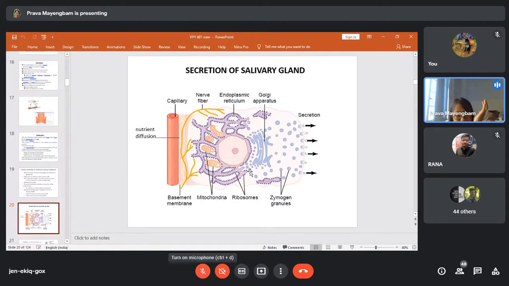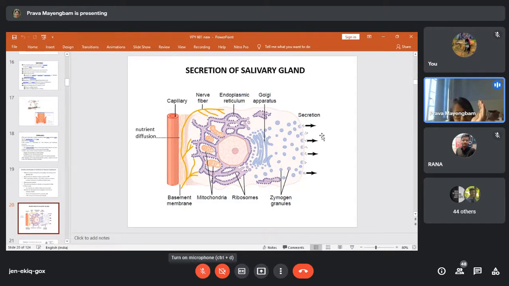So what is the general mechanism followed? The secretory cell will be all surrounded by the blood vessels. The secretory cell will have two ends, the basilar end and the apical end.